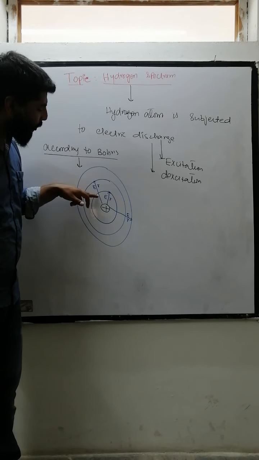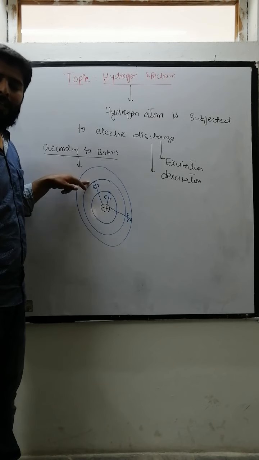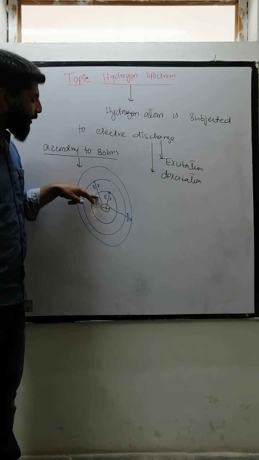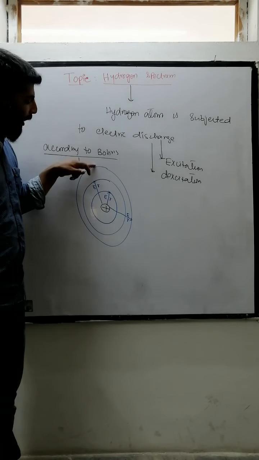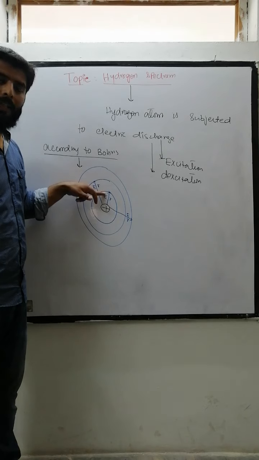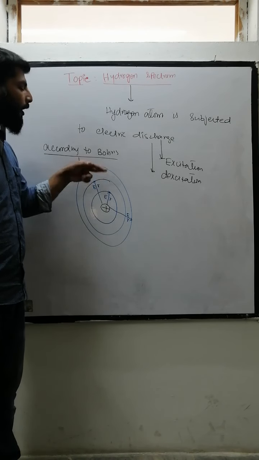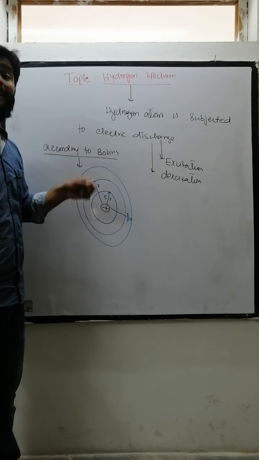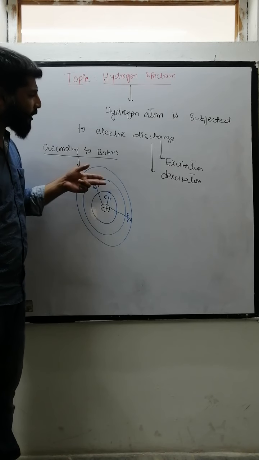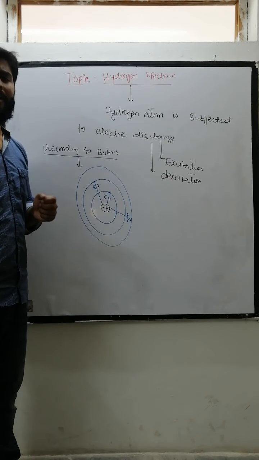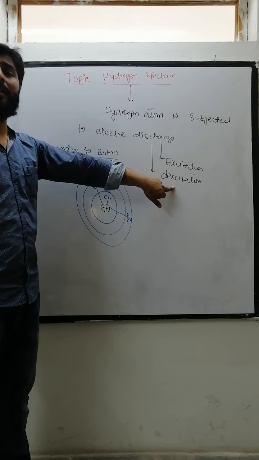When an electron jumps from a lower level to a higher energy level, then energy will be absorbed. And if an electron jumps from a higher level to a lower level, it will emit energy. So there will be emission and absorption of energy by the jumping of an electron from one level to another level. This shifting is known as transition. And transition may be of two types: number one, excitation, and number two, de-excitation.